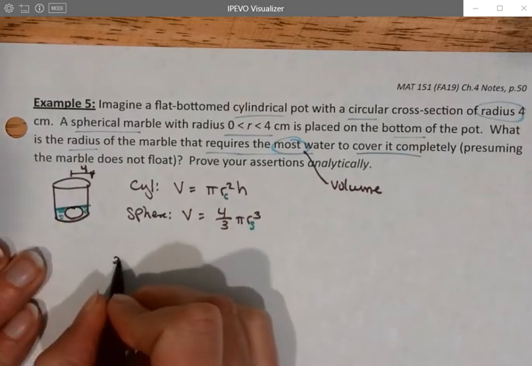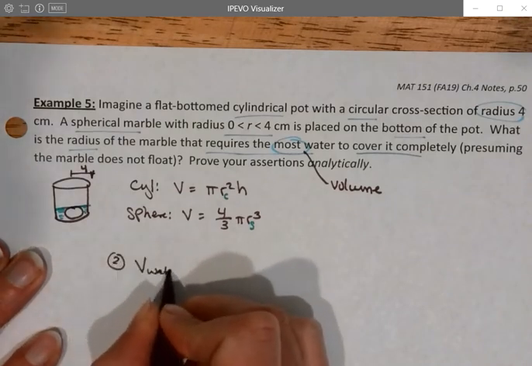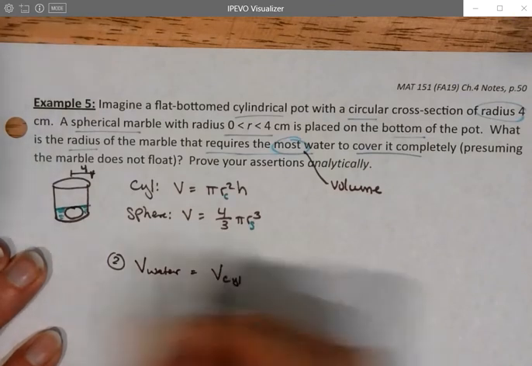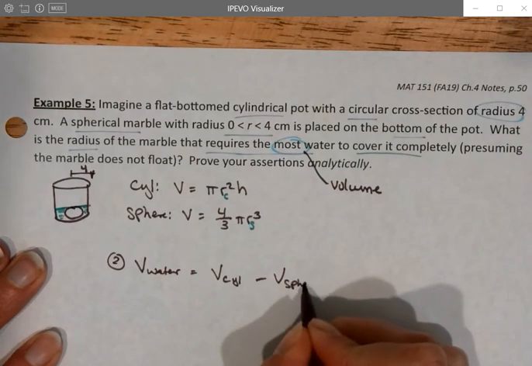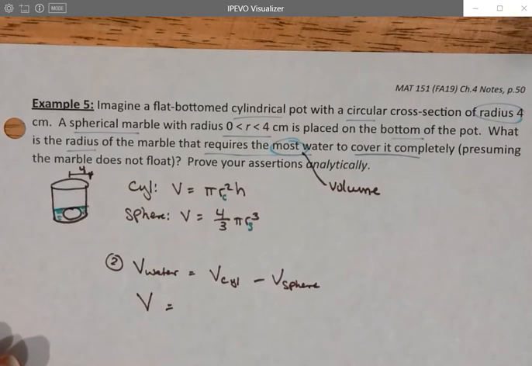So in step 2, when I go for that volume, the volume of the water is going to be the volume of the cylinder minus the volume of the sphere. So we'll just call it V as I start writing, but then we will put together those two pieces.